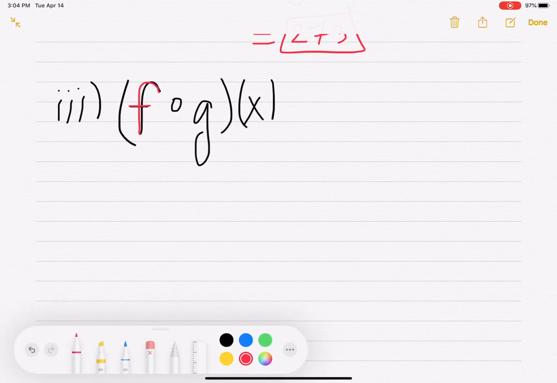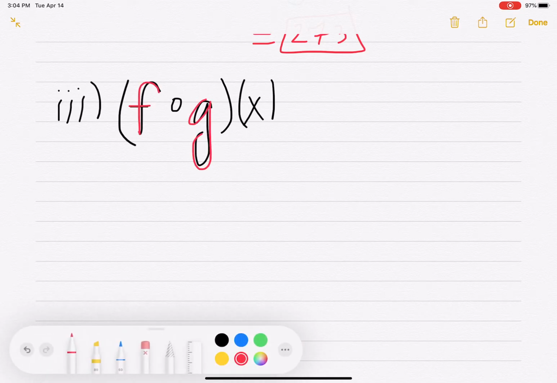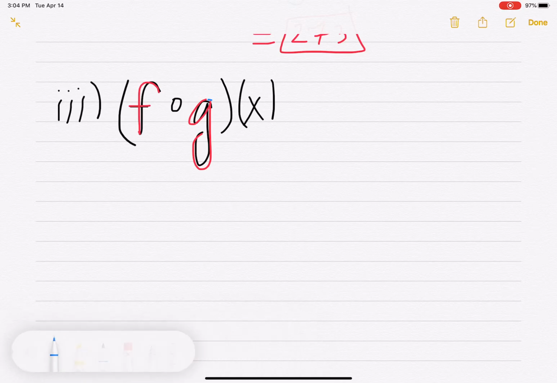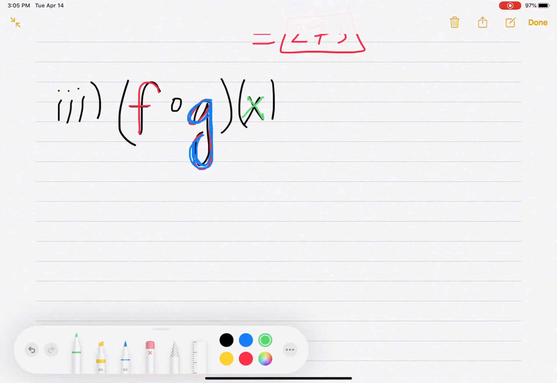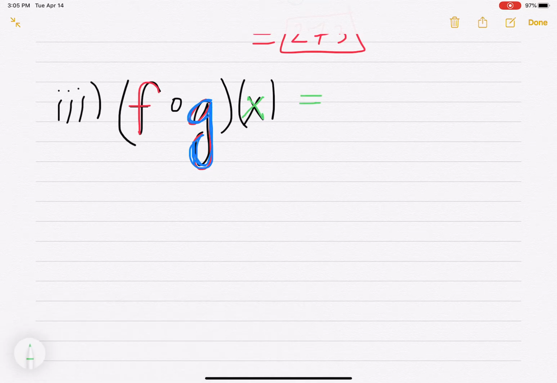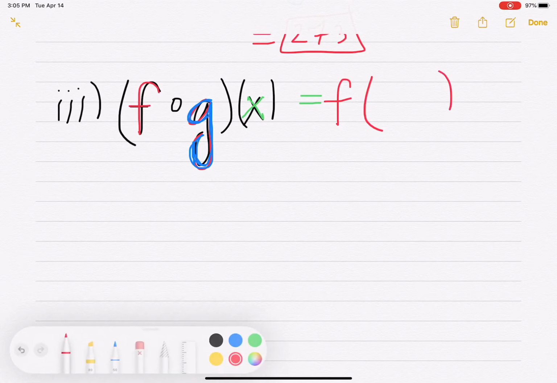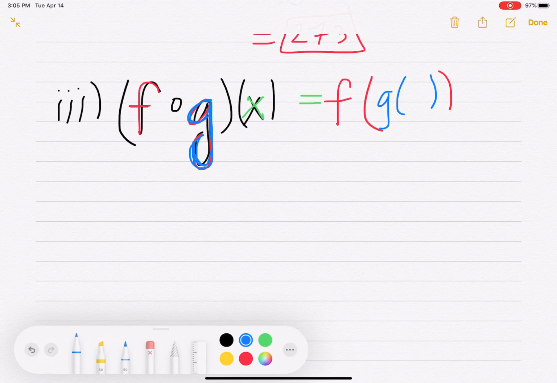I have my blue G function. That's supposed to be blue right there. Now it's blue. And I have my green input X. Well, F composed with G of X is defined to be F of blue G of green X.